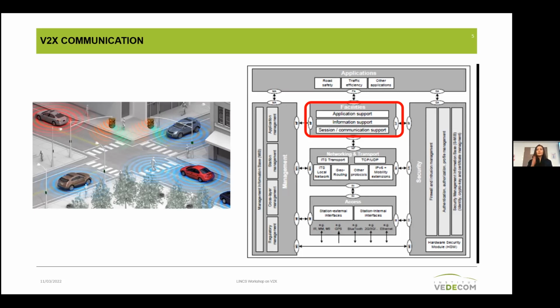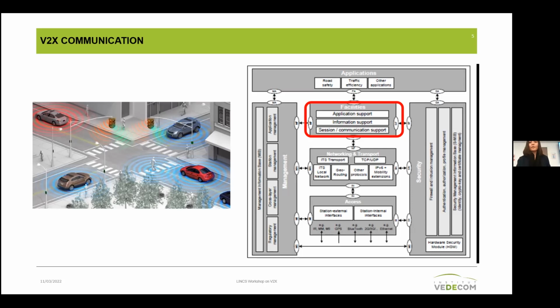I'm not going to talk about the protocol stack itself, but there is one so-called facilities layer, which basically generates important information and helps transmit it, and also receives this information and puts it in local dynamic maps so that applications can analyze it and finally perceive the situation. This is in the facilities layer.